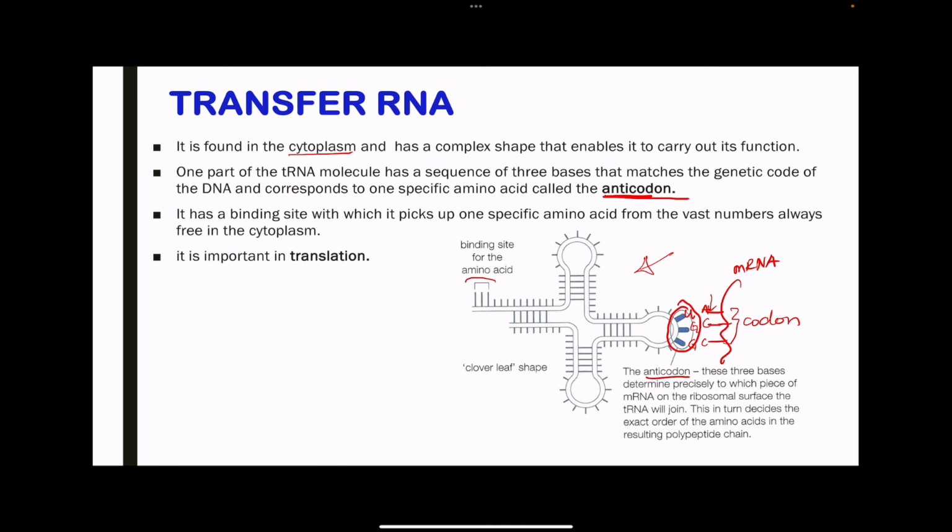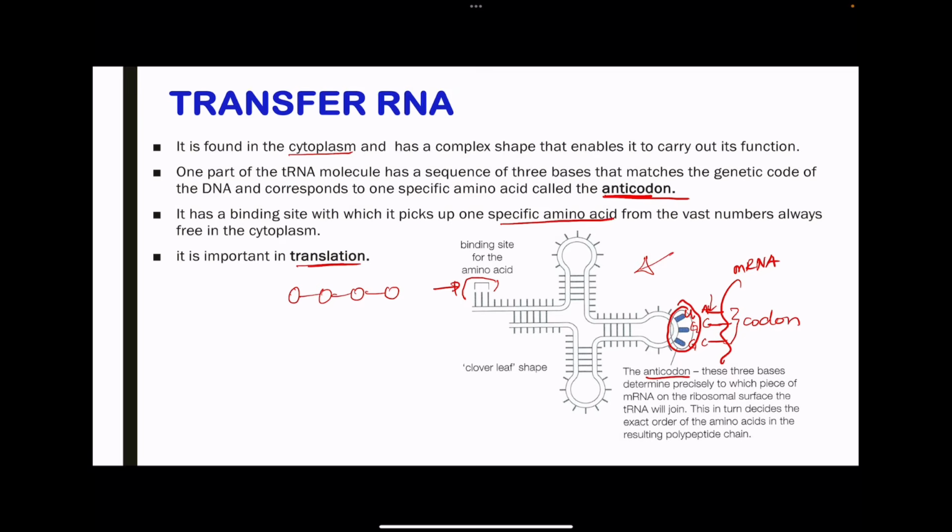This is going to be the site of the amino acid binding, so the amino acid binds there, and then it's going to be added onto the growing polypeptide. And so there is going to be a lot of amino acids that can be carried through the ribosome where translation is going to occur. This is the process of translation, meaning addition of many amino acids to the growing polypeptide in order to produce the protein.